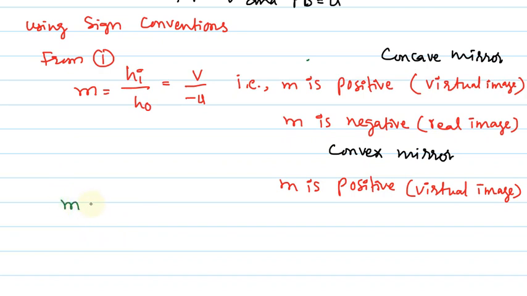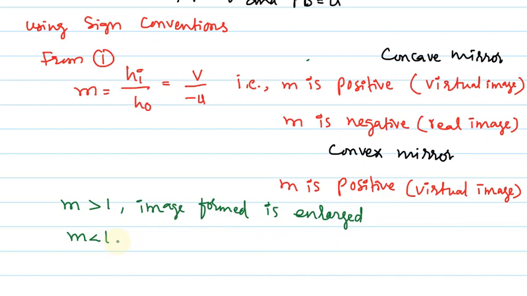If m is greater than 1, then image formed is enlarged. Image formed is enlarged or magnified. When m is less than 1, image formed is diminished.